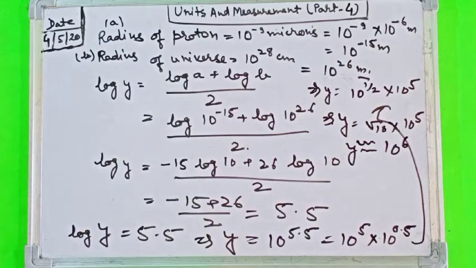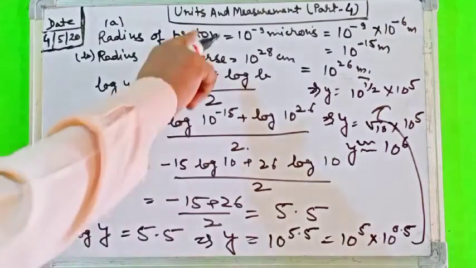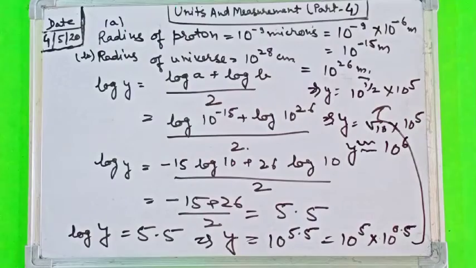Means the given quantity has the order of magnitude of 10 to the power 6, and the quantity lying between the radius of the proton and the radius of the universe is of the order 10 to the power 6.